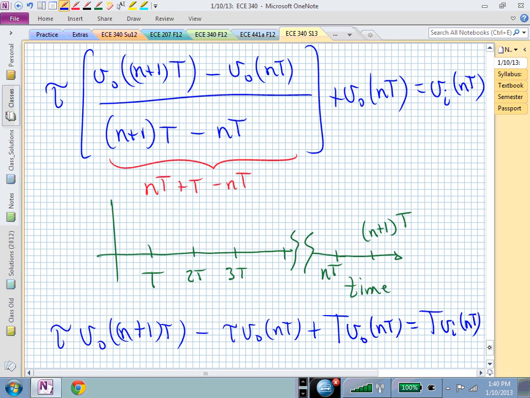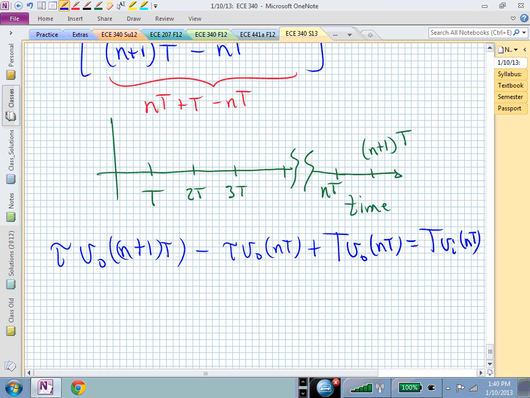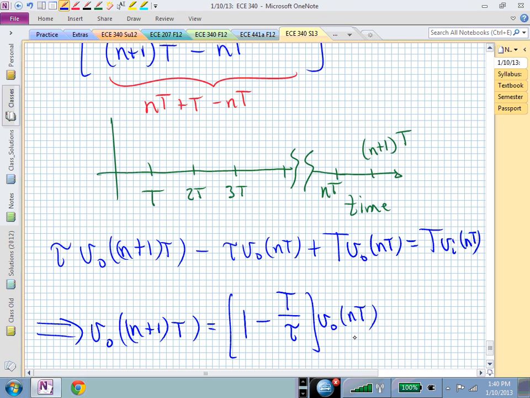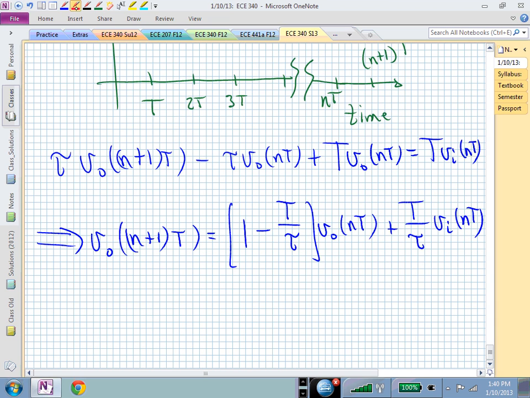I now can rewrite this as v sub 0 of n plus 1 capital T equaling 1 minus capital T over tau times v naught of nT plus capital T over tau times v sub I of nT. This is now a linear difference equation, and what does that represent?